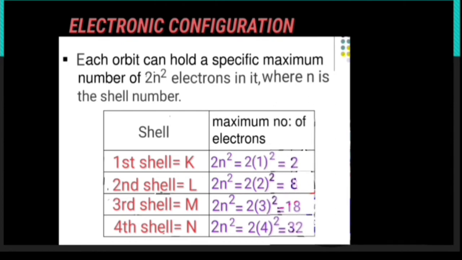The second shell L, here n will be 2, so the maximum number of electrons that can be accommodated here is 8. In the third shell, same formula 2n², so n is equal to 3. Hence 18 electrons can be accommodated, and similarly in the N shell 32 electrons can be accommodated.